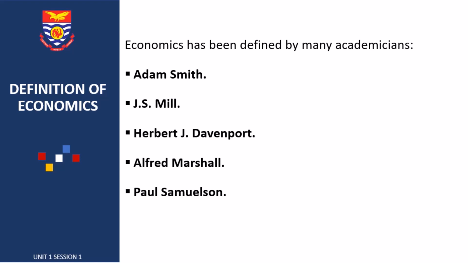Like we said, by the end of the session, we should be able to give 3 definitions of economics by any of these people that we see here. So let's now look at how they explain economics, and you select the ones that you are okay with.